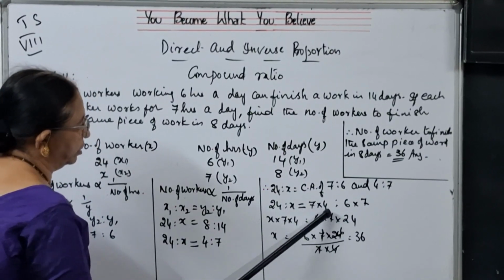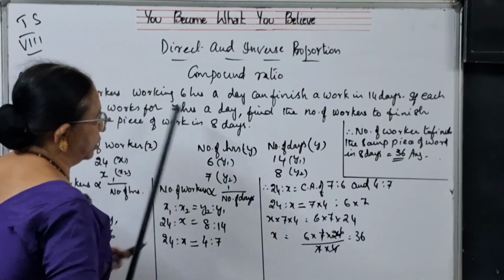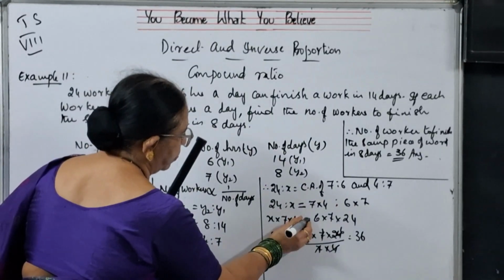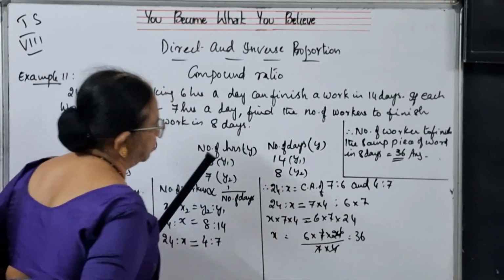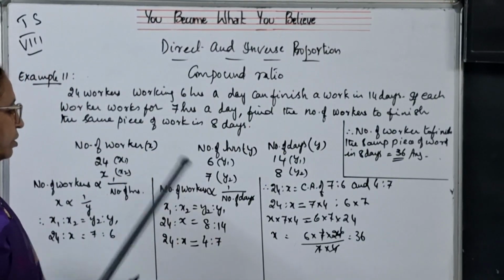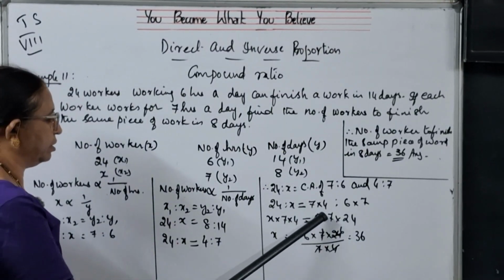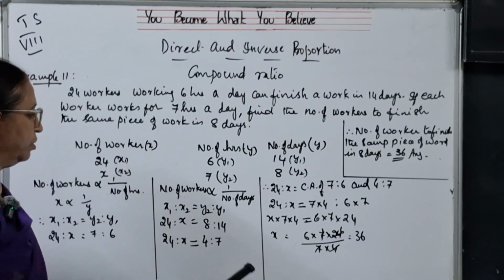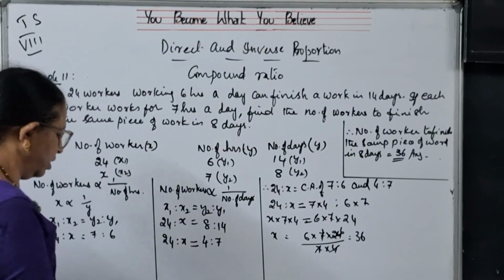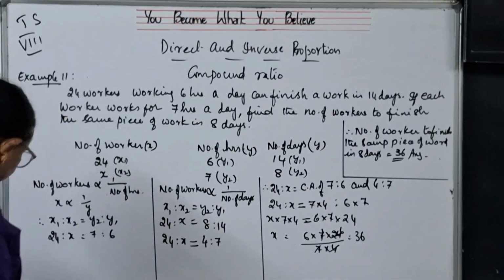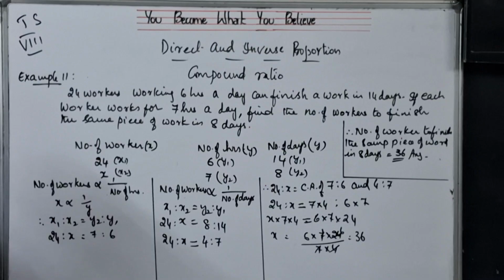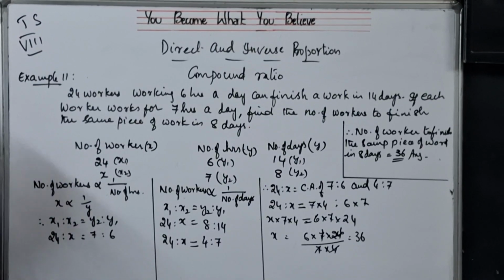Product of means is equal to product of extremes. So x into 7 into 4 is equal to 6 into 7 into 24. So x is equal to, if you calculate, we have got 36. So 36 workers are needed to complete it, children. Please note it down.